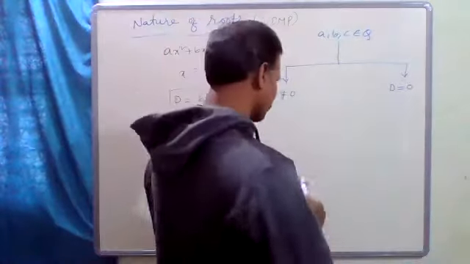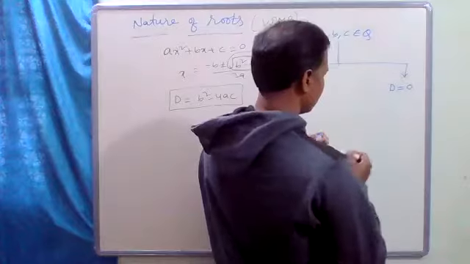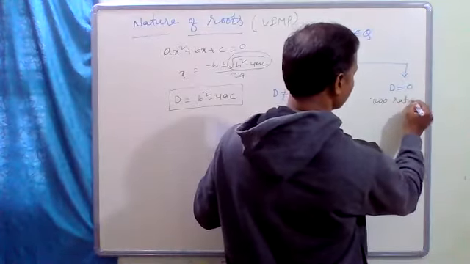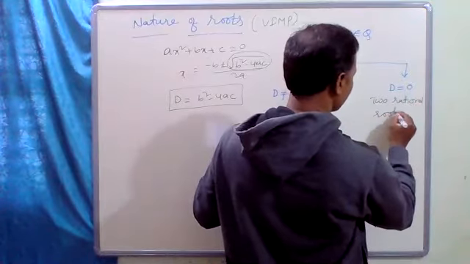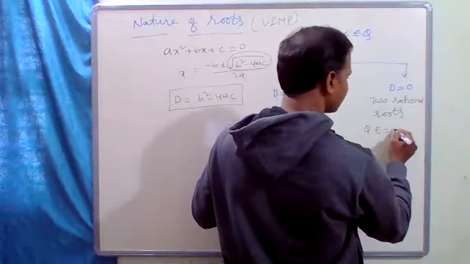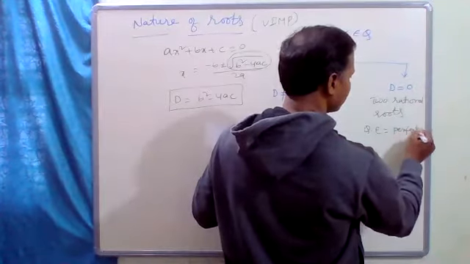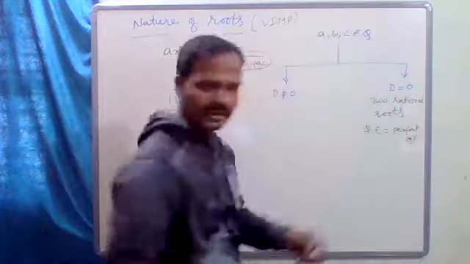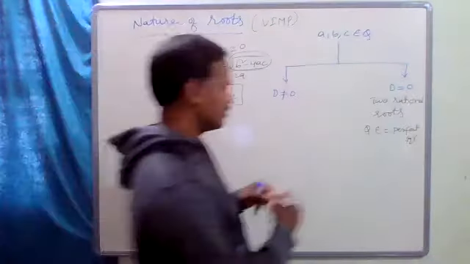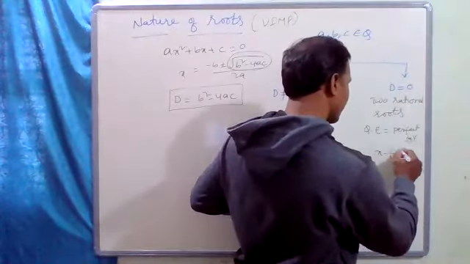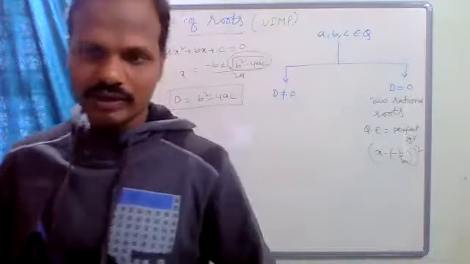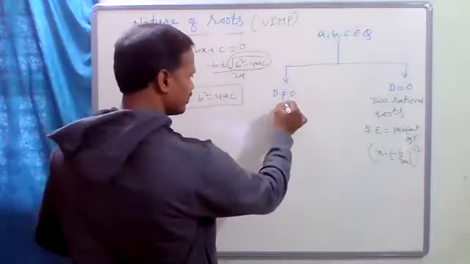In this case the quadratic expression is a perfect square, which can be written as x minus of minus b by 2a whole square, that is, x plus b by 2a whole square. Leave it. Now coming to D not equal to 0.